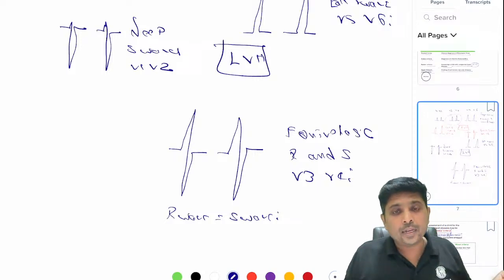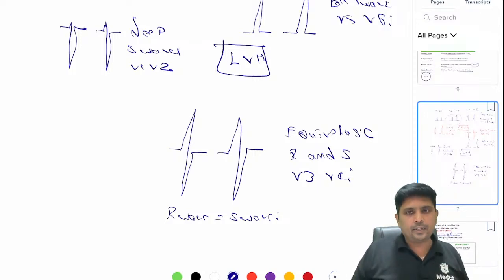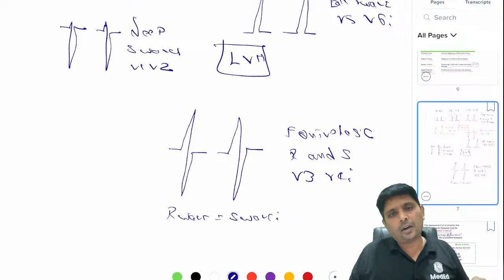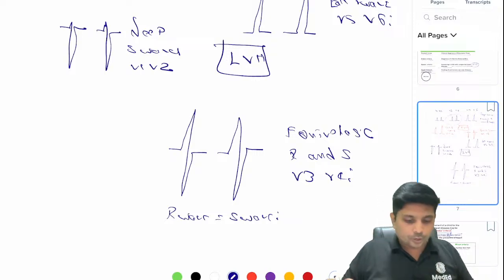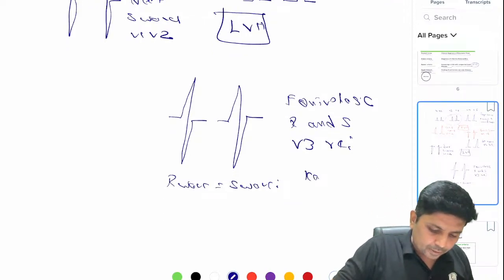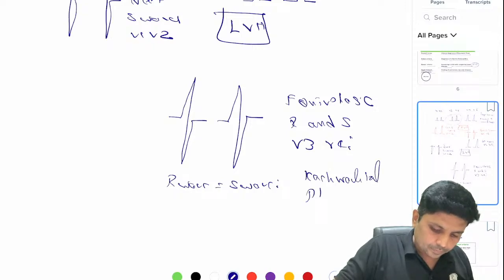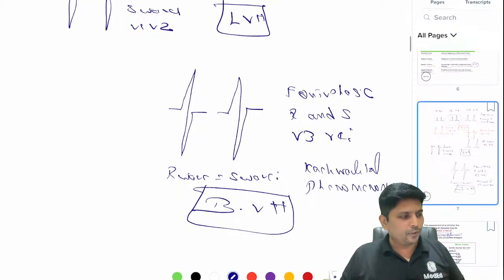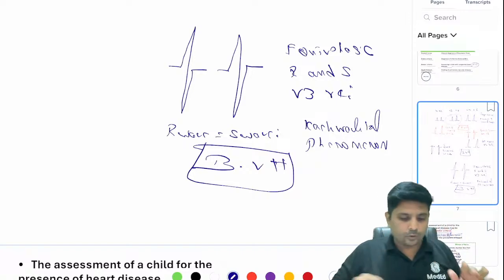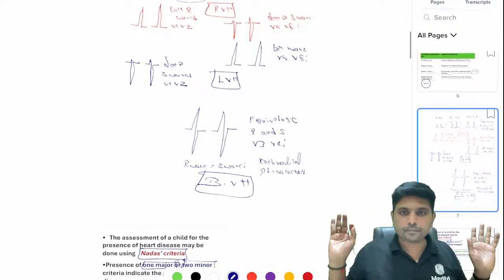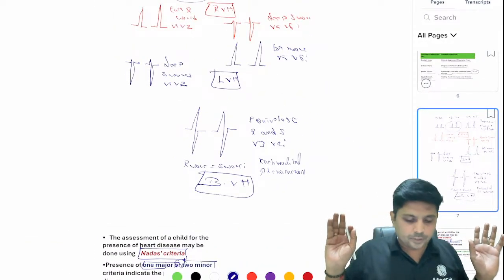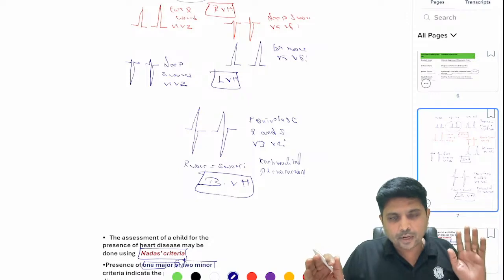That's why it has equiphasic R and S waves. This equiphasic R and S wave is called the Katz-Wachtel phenomenon, suggestive of biventricular hypertrophy.